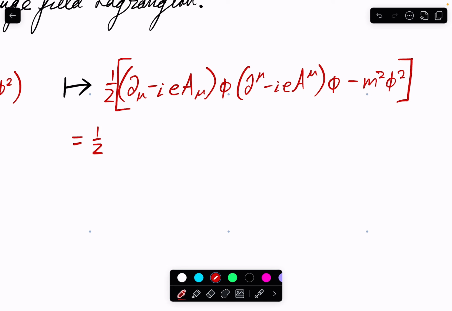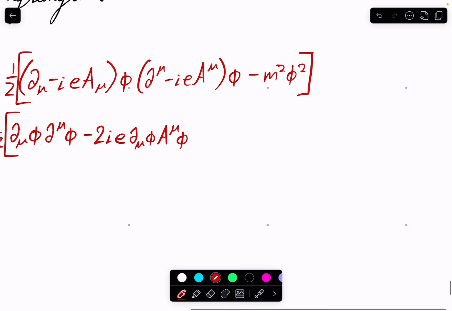We just get partial mu phi partial mu phi, minus 2i e partial mu phi A mu phi, and then minus e squared A mu phi squared, minus m squared phi squared.